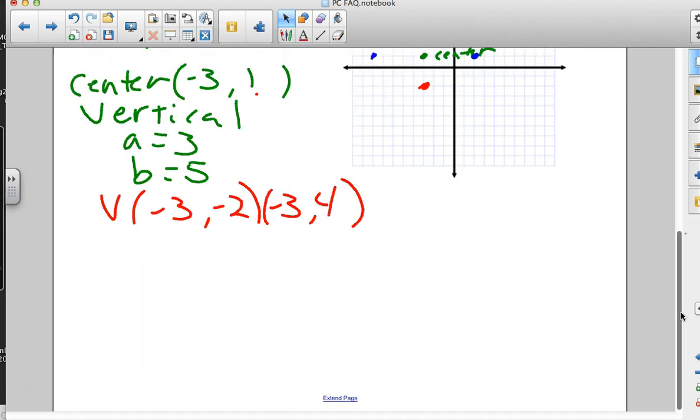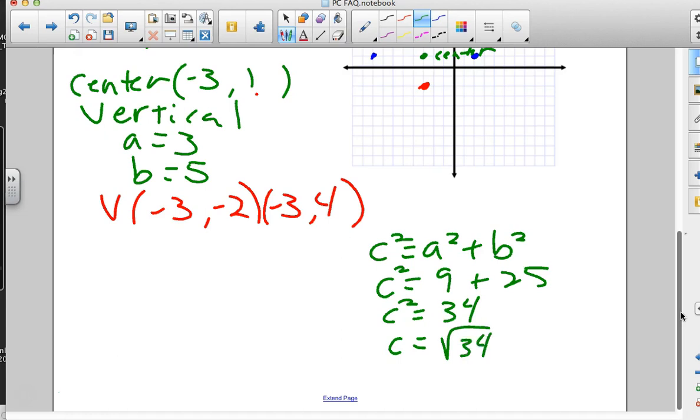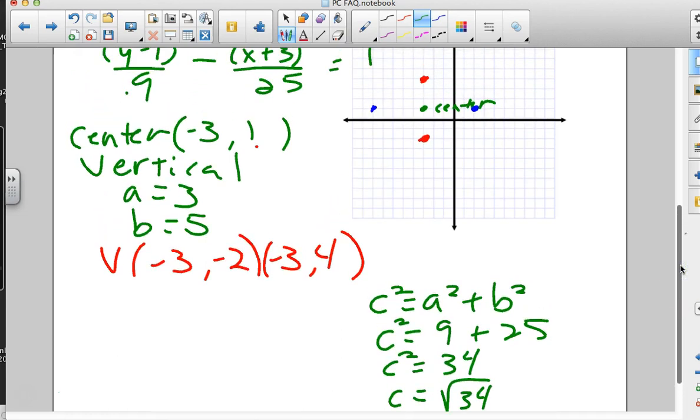So we go ahead and say, alrighty, foci, come here. c squared equals a squared plus b squared. The formula for hyperbola has subtraction in it, so we use addition to find anything that's missing. c squared equals 9 plus 25. c squared equals, yuck, 34. c is the square root of 34, but no biggie.